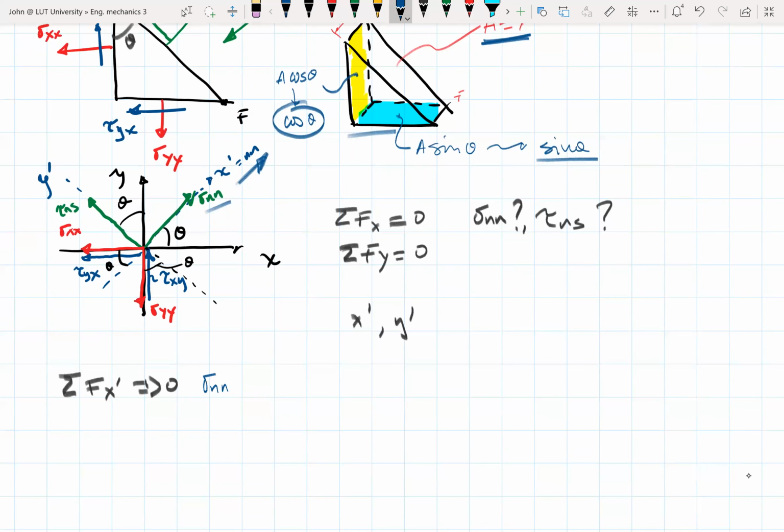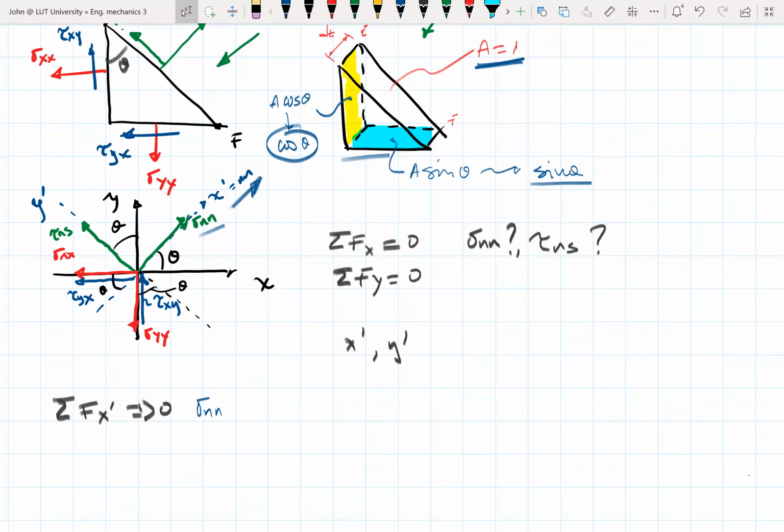Then I'm going to work with the normal stresses. Sigma x is being applied on the vertical face, and as this is negative, it's going to have minus sigma x times the area where it is applied, cosine of theta. But I need to transform this vector that is applied on the x-axis to the x prime axis, and to do that, I have to multiply it by cosine of theta again.